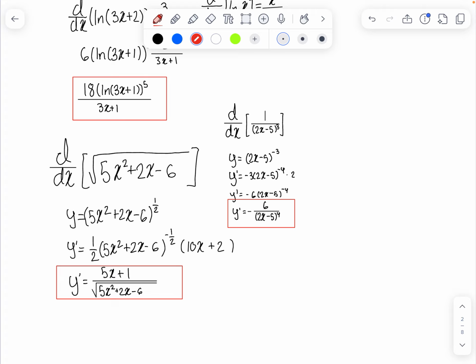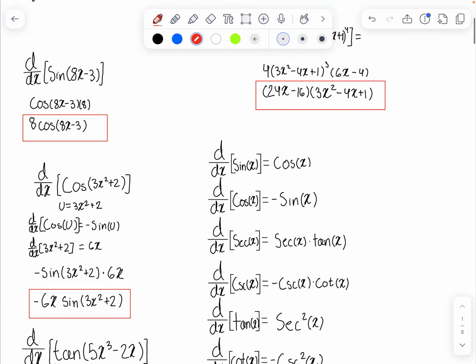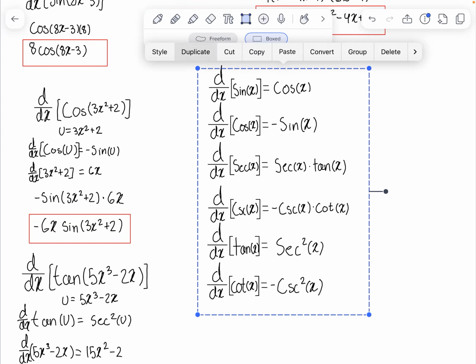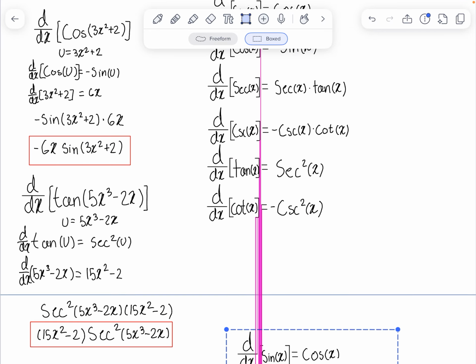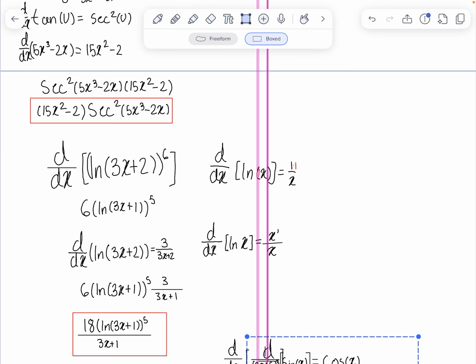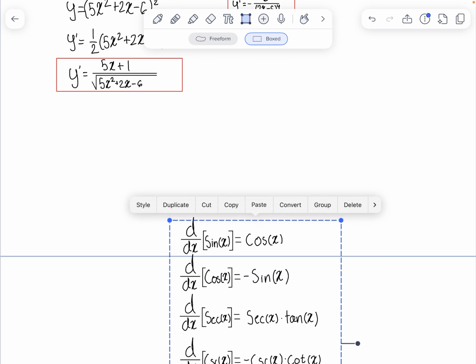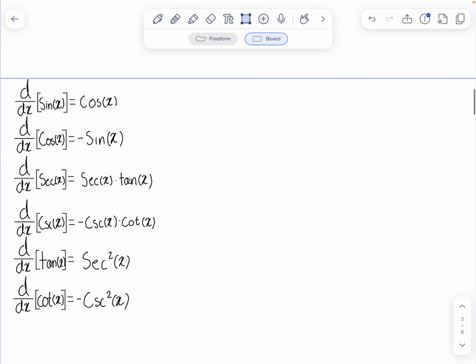So this is where it gets hard. Now you have multiple layers of chain rule. I'm going to drag this chart down so it's easier for us to remember. Okay.